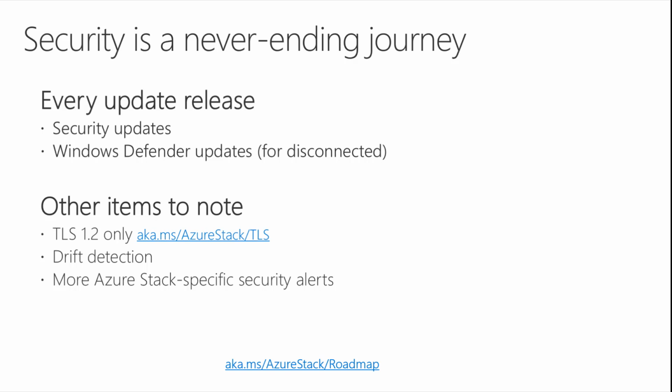So a little more information about TLS. Azure Stack infrastructure uses exclusively TLS 1.2, as we mentioned. For the external interfaces, Azure Stack defaults to TLS 1.2. However, for backward compatibility, it also supports negotiating down to TLS 1.1 and 1.0 in case your requirements still need that.